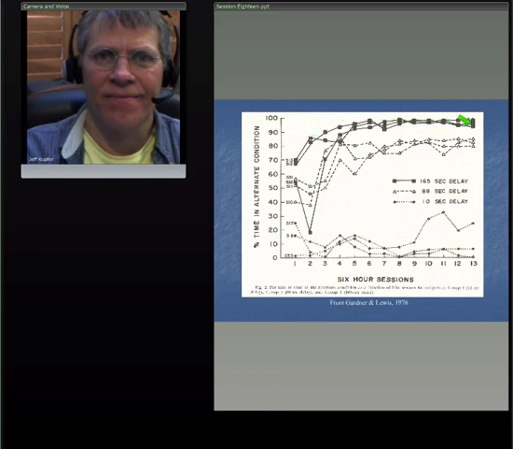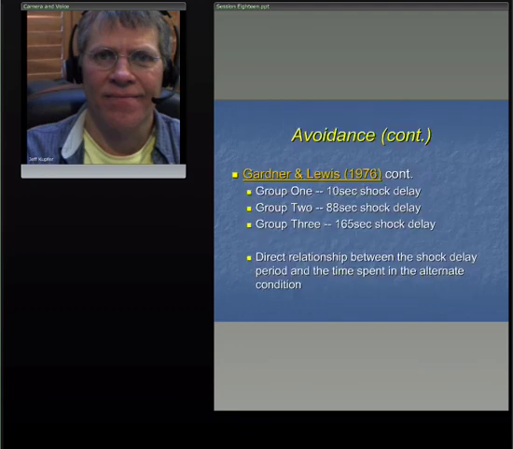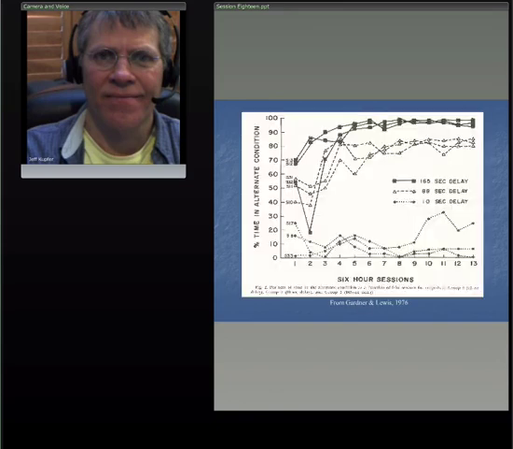In other words, the more delay that you can get from the aversive event, the longer and the more avoidance responding you will sustain. Okay? In other words, we could actually draw a functional relationship here. That is, as delay gets longer and longer between electric shocks, the more avoidance behavior you're going to get. The longer you can put things off, you will.